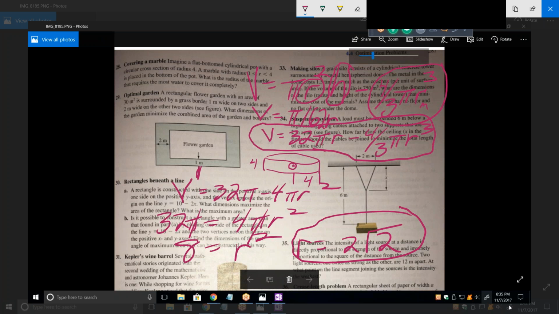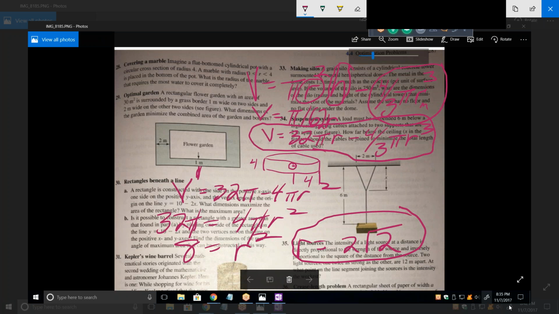Okay, I'm thinking about that for a second. They want the radius of the marble that requires the most water to cover it completely. My first thought was, well, if I make the radius of the marble bigger, won't I need more water?